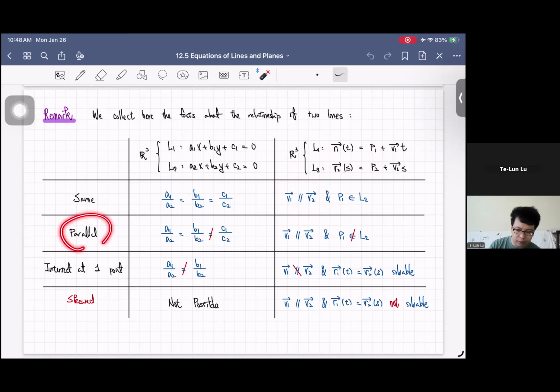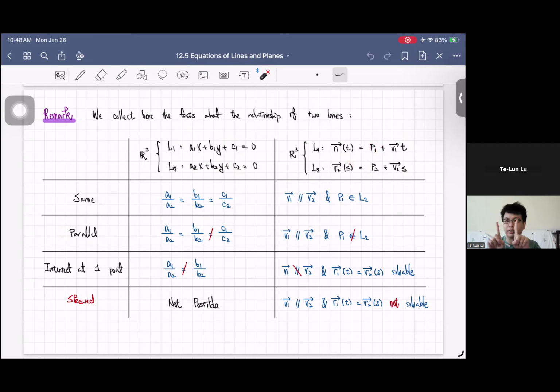And to determine whether two lines are parallel, then as mentioned, the directional vector or the coefficients of x, y are the same, but you have different constants, C1 and C2. And again, the same thing happens here. So we have parallel directional vectors, but the corresponding point does not lie on the other line.